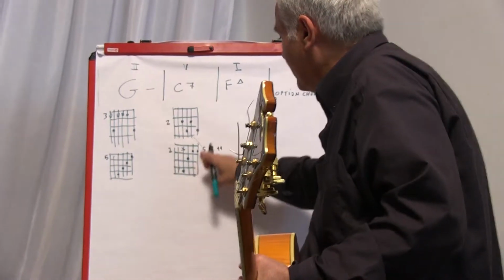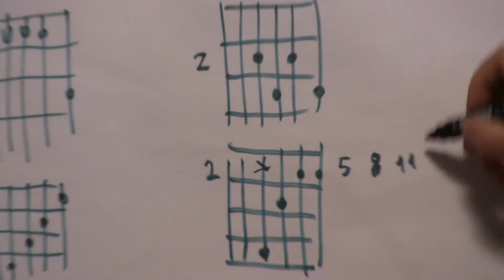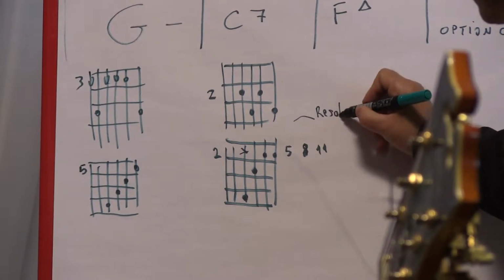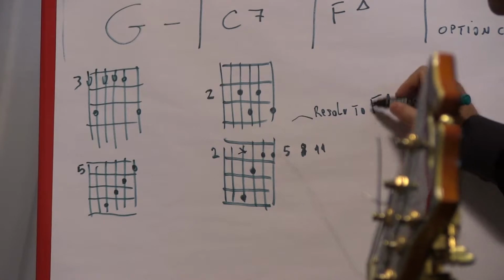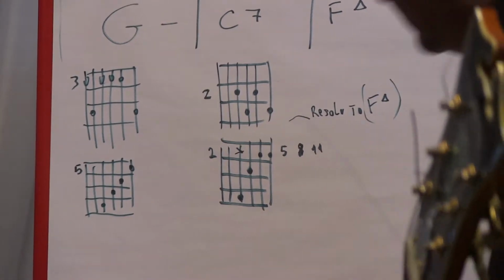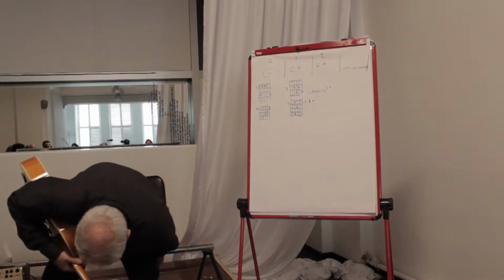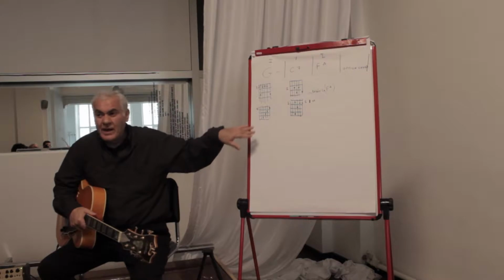You have only the same chord, and you can make an arpeggio and then resolve to F. That is one way to resolve to F with the 2-5-1.